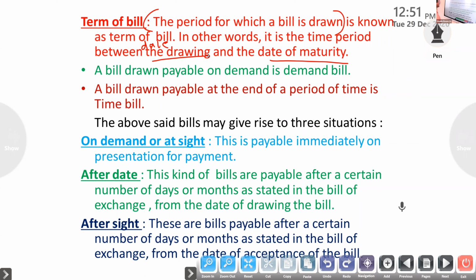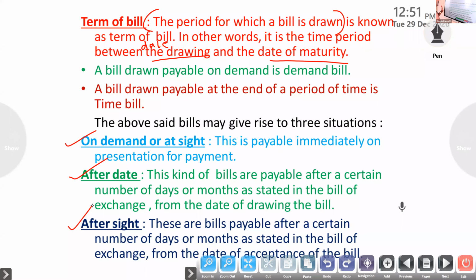That is very important. So there are three types of bill: bill on demand or at sight, bill after date, and bill after sight. So already said, what do you mean by term of bill?